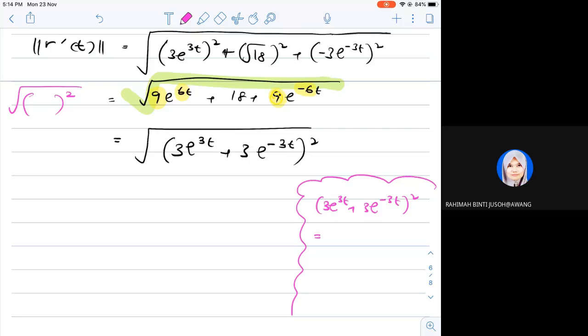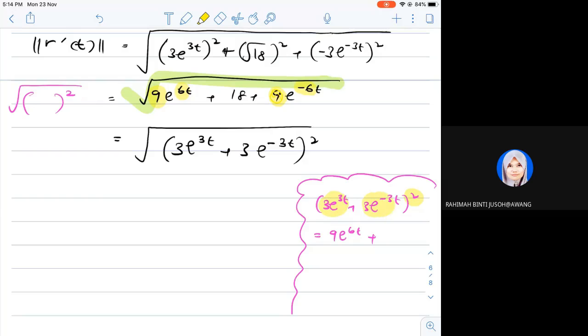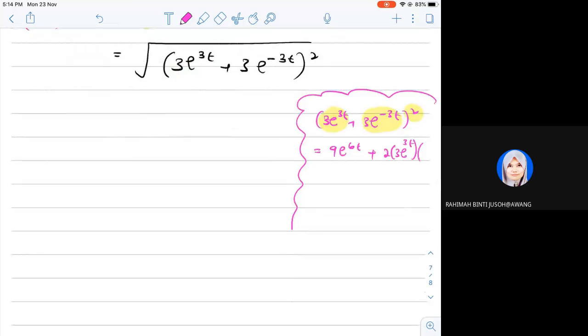If you expand these terms, 3 squared is 9e^(6t). Plus, the middle term, you have to multiply everything: 2 times 3 times 3, multiplied by e^(3t) times e^(-3t).